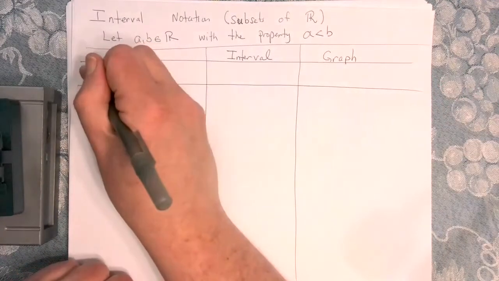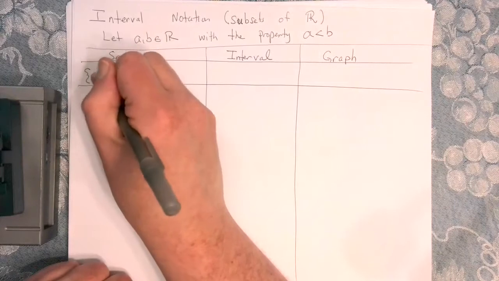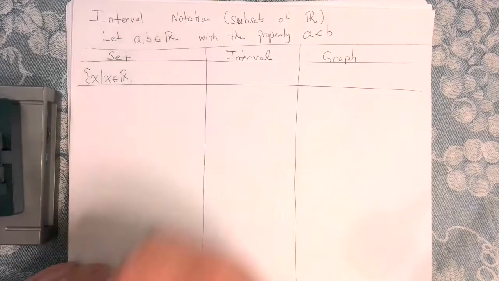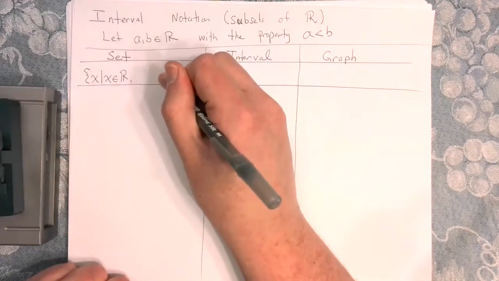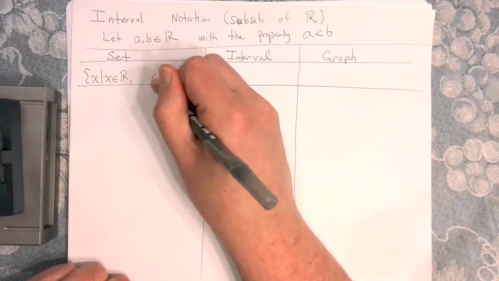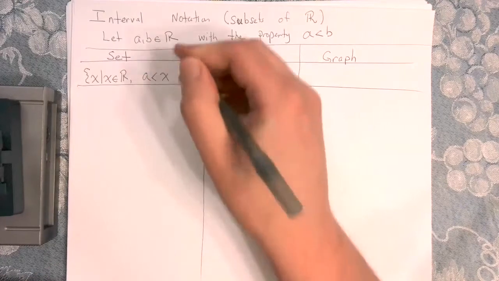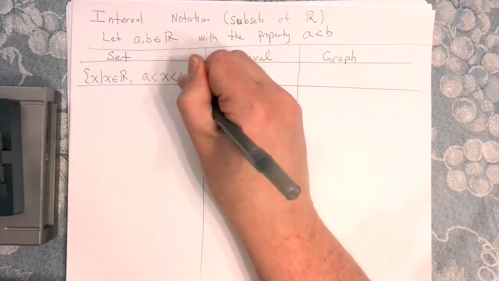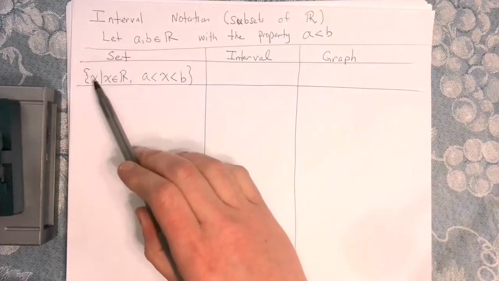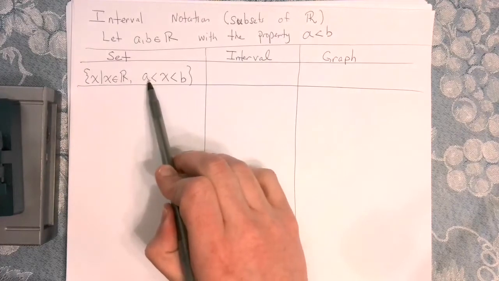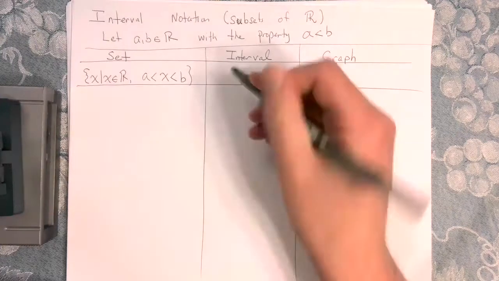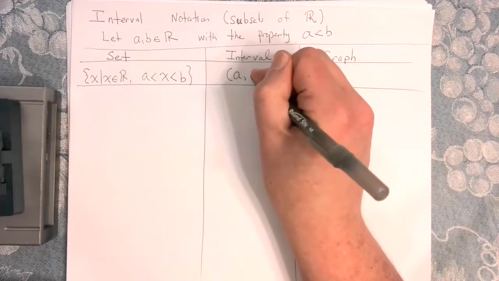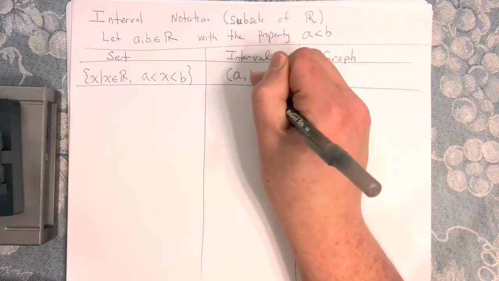Okay, so the first set I want to look at is the set of all elements x such that, well, first x is a real number, and there's a second property. I only want to consider real x's that are between a and b, strictly between a and b. So x is strictly larger than a, and also x is strictly less than b. So yeah, this is the collection of all real numbers that are strictly between a and b. As an interval, we denote it like this. Be careful not to get this confused with ordered pairs. You just have to deal with this in context.